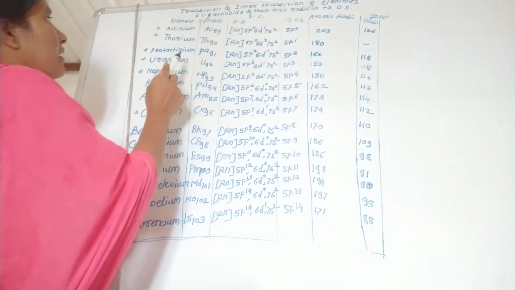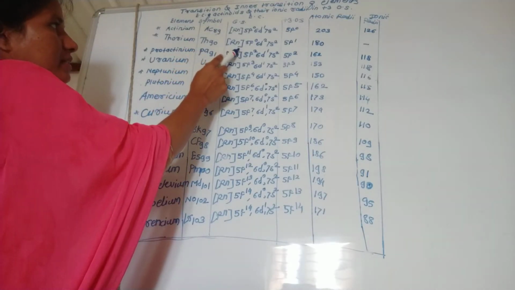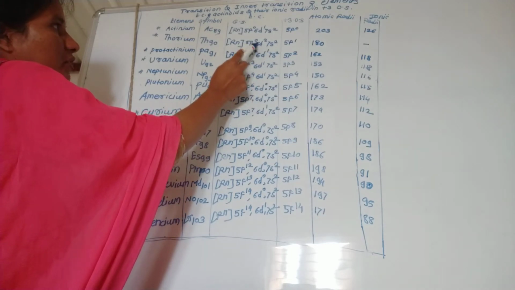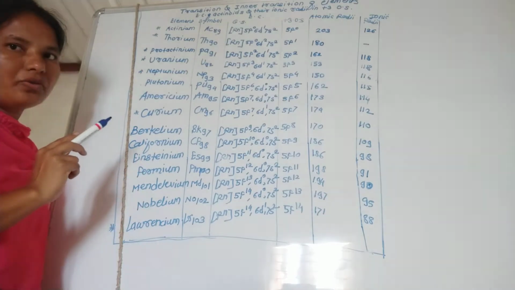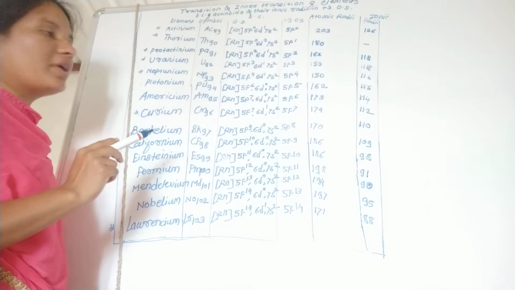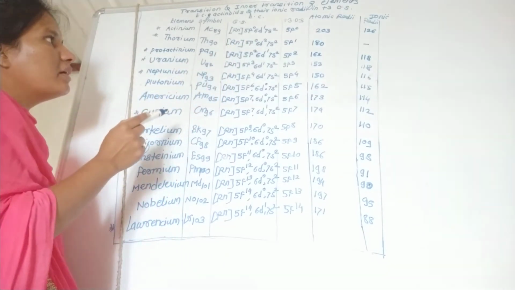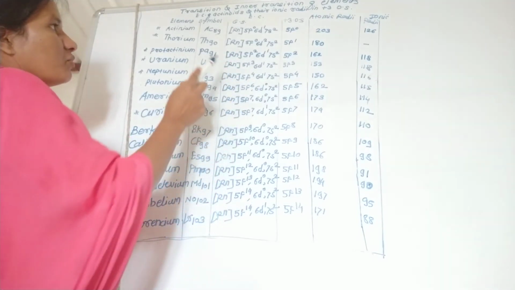Then thorium, it is 90 and radon is 86, so 4 electrons are left. In the s orbital 2 electrons and in the d orbital 2 electrons. The f orbital is zero filled. I already told you why: when the f orbital is zero filled, half filled or full filled, it is more stable.